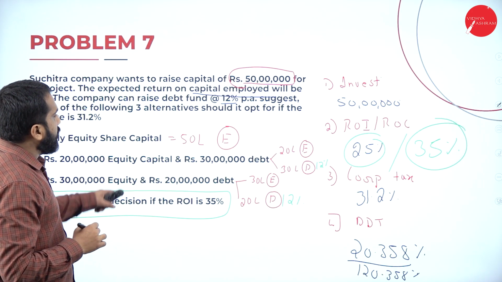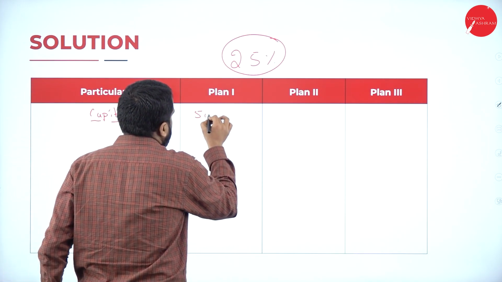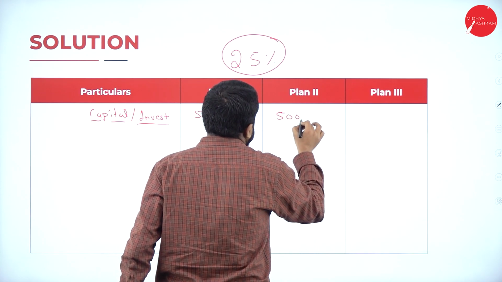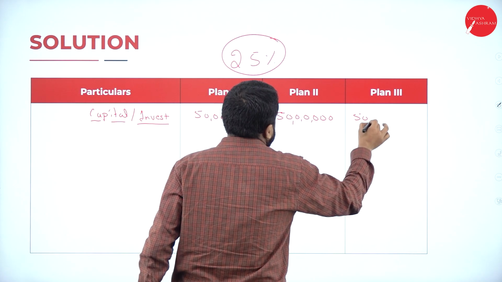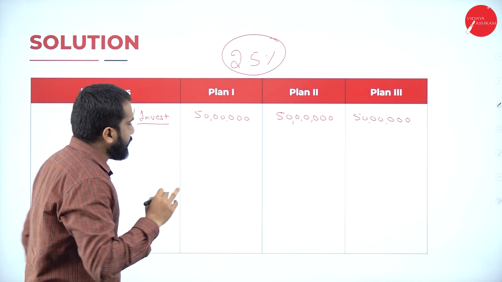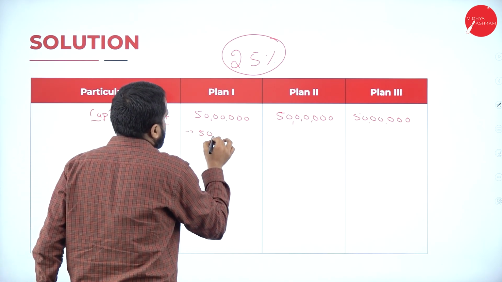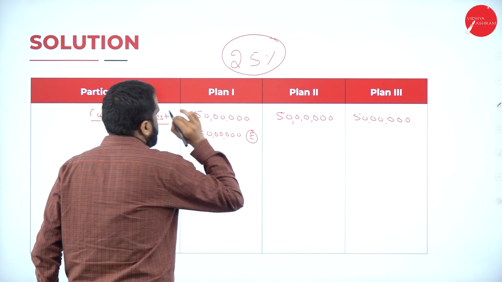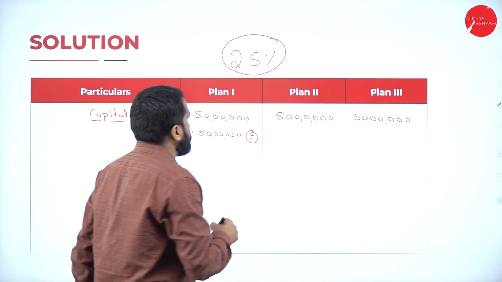As per this, everywhere it should be 50 lakh, your capital or investment. 50 lakh, 50 lakh and 50 lakh. How did they make 50 lakh in this? 50 lakh in the form of equity. Second one, 20 lakh equity, 30 lakh debenture.